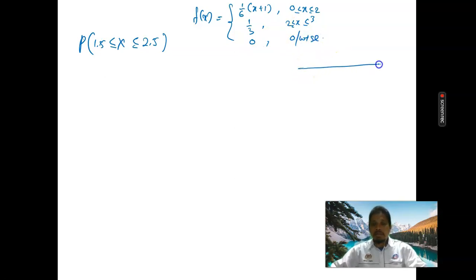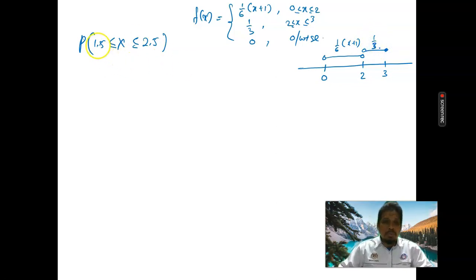Okay, so now, judging that these are the number line from 0 until 2 and 2 until 3, so 1 over 6 times (x plus 1), and here it is 1 over 3.